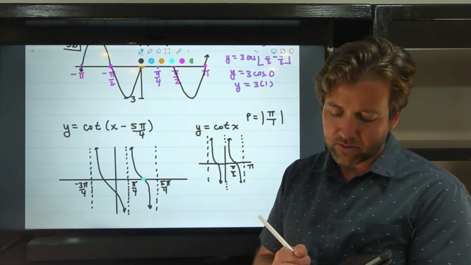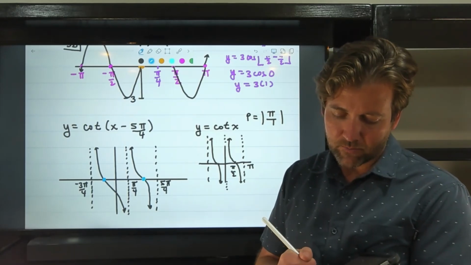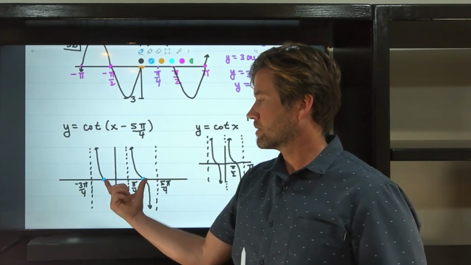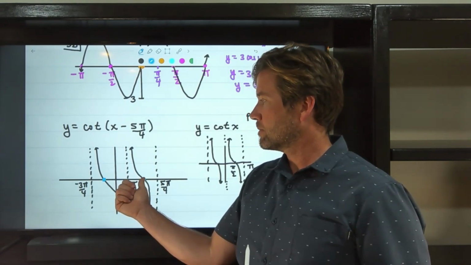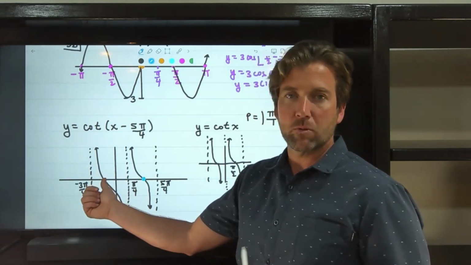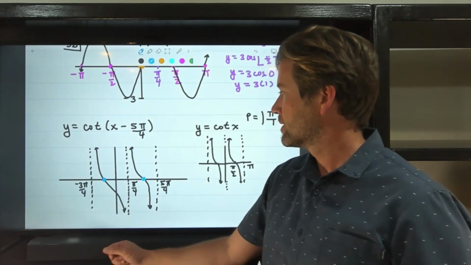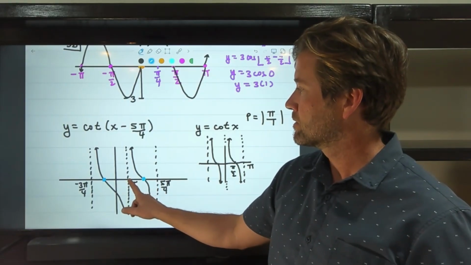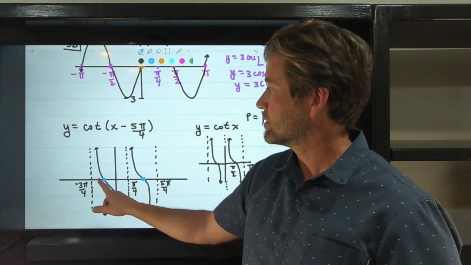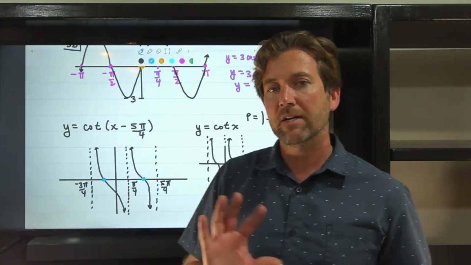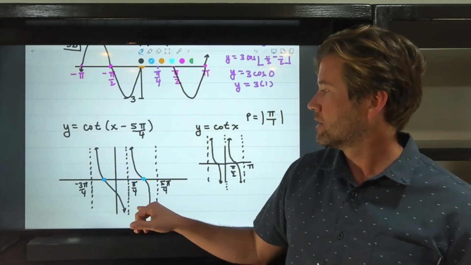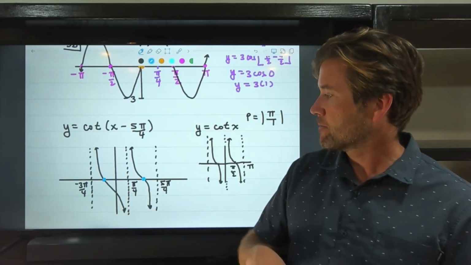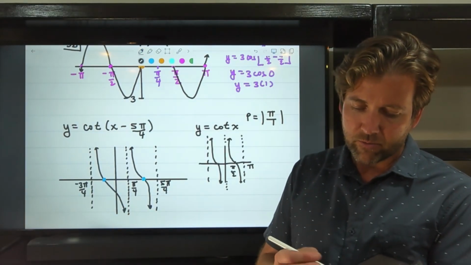I just need to find these x-intercepts. Now these x-intercepts are also a period apart. So if I can find one of them, I know the other one is just a period, or pi, apart. So this x-intercept is in the middle of these two asymptotes. This x-intercept is in the middle of these two. So what I could do is find the average, the middle number of these two values. So pi over 4 plus 5 pi over 4, let me write that down.